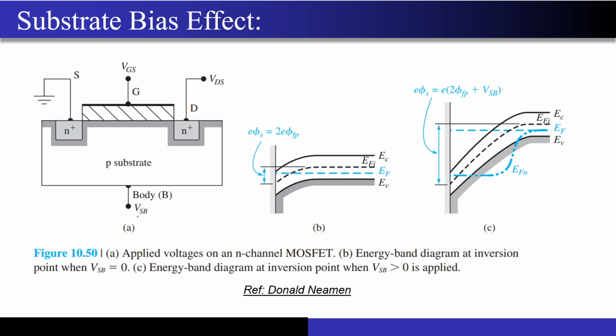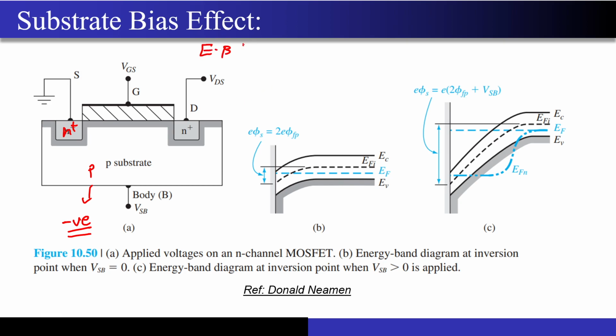Now what is actually happening over here? The first question that comes to our mind: what happens if there is an N plus and P junction? This is a PN diode over here, right? If I apply a negative bias over here, then what is going to happen? The first thing you should understand is the energy band diagram.